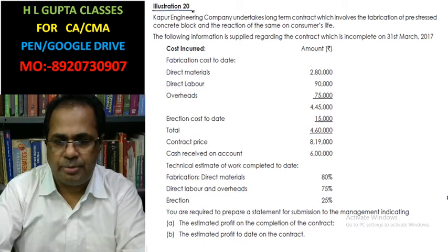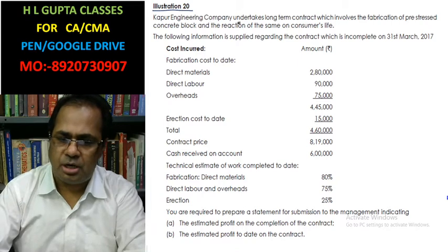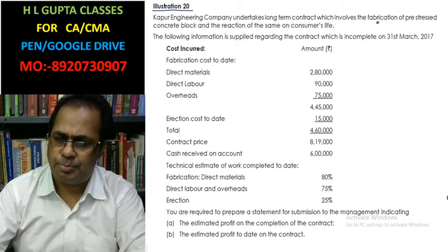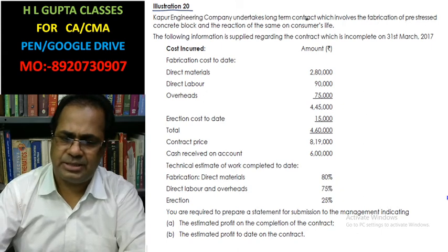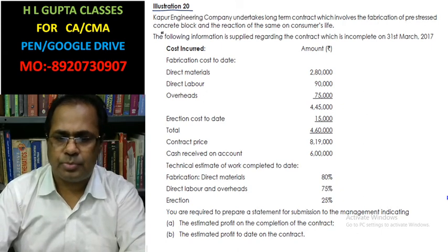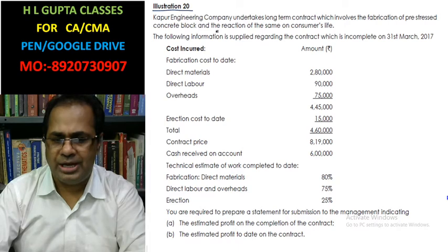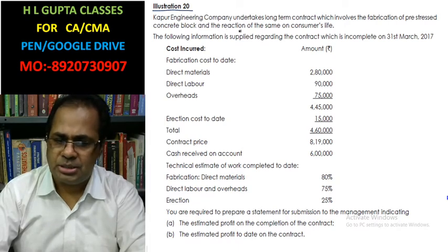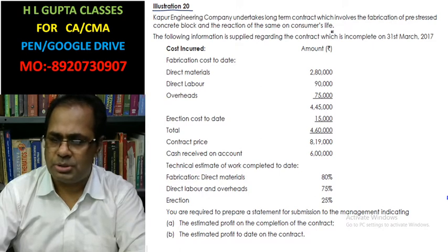Illustration number 20. Kapoor Engineering Company undertakes long-term contracts which involve the fabrication of pre-stressed concrete blocks and erection of the same on the consumer's site.